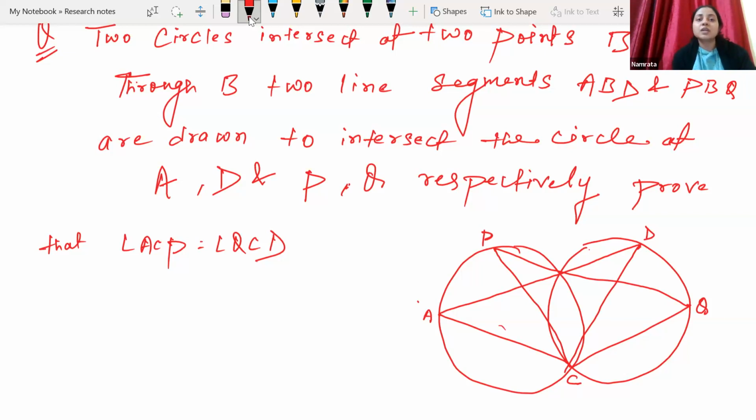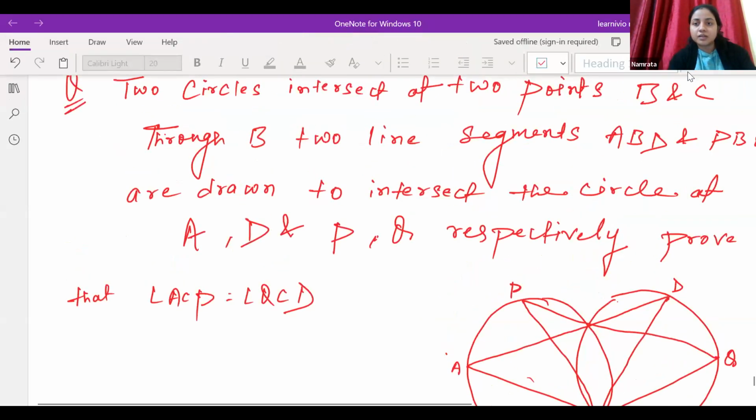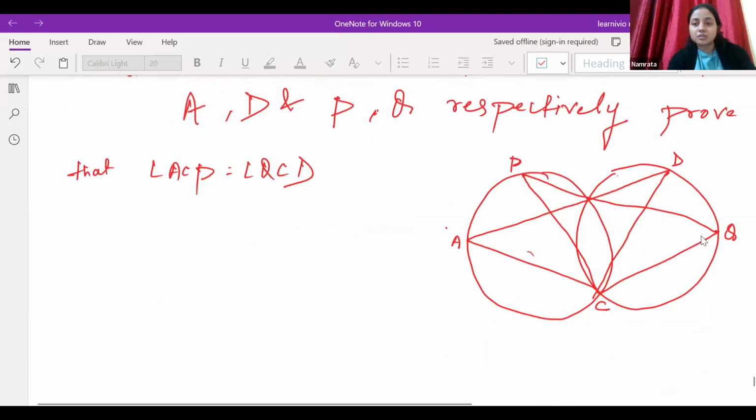And in the question, it is mentioned that two circles intersect at 2 points. Here you can see two circles intersect at 2 points B and C. Where is B? Just a moment.